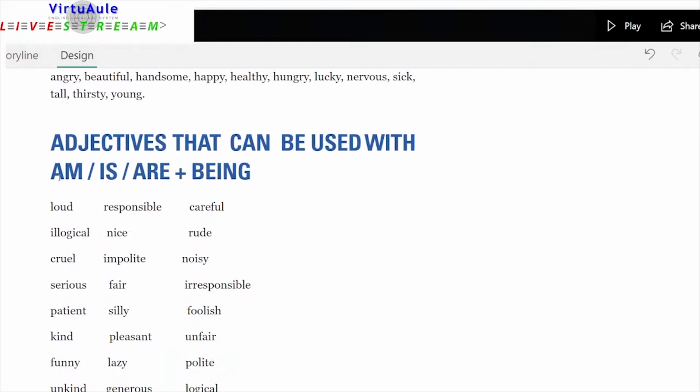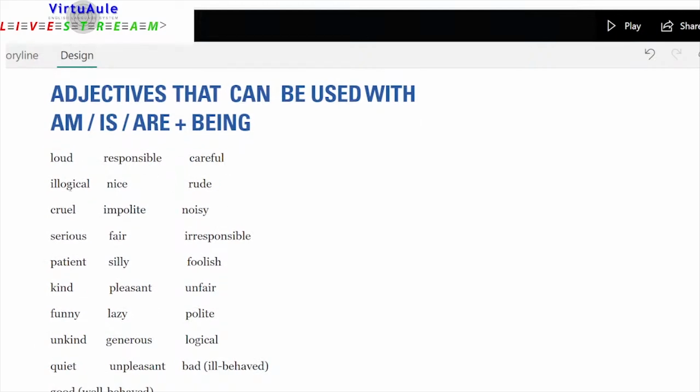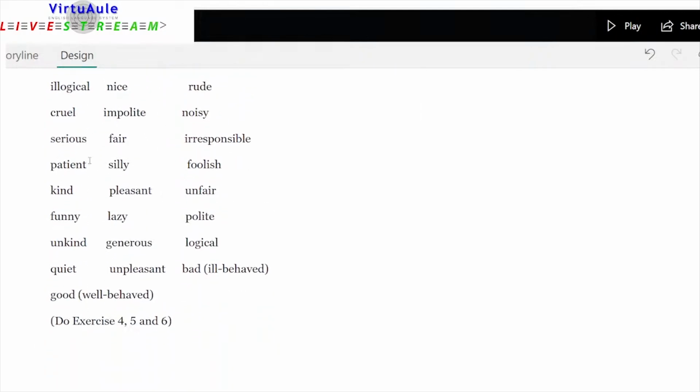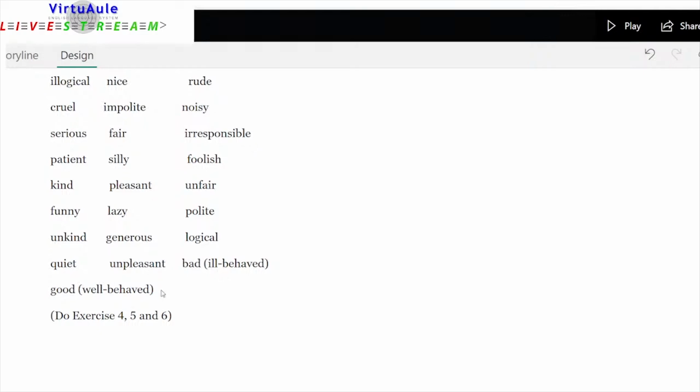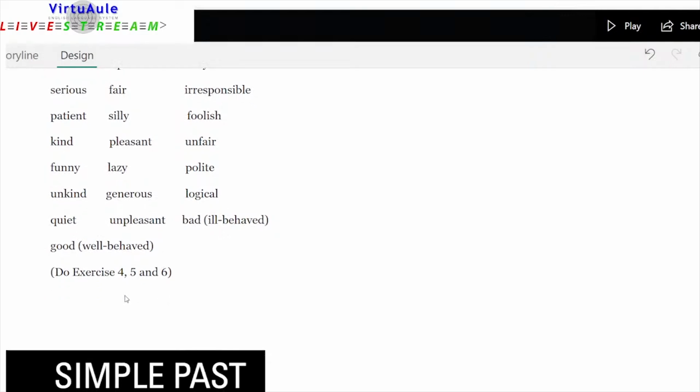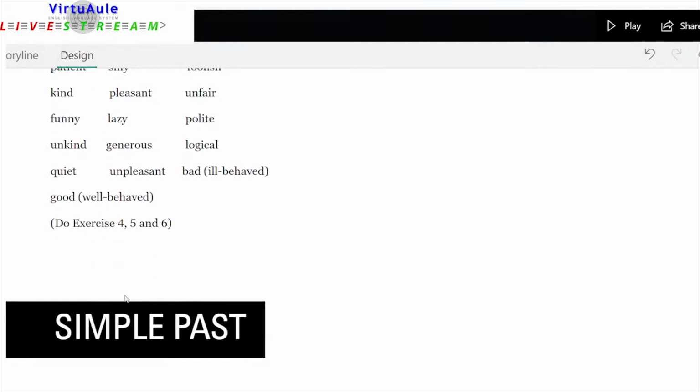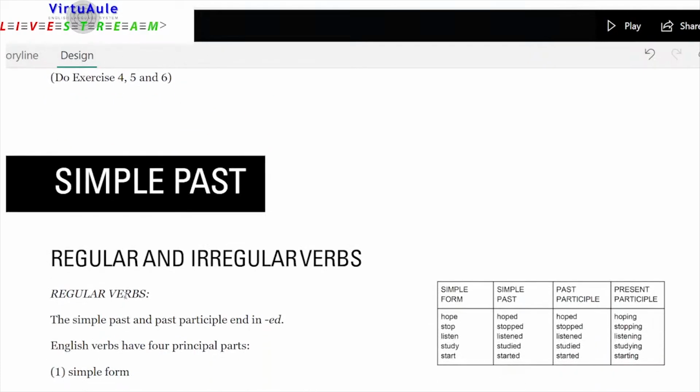Adjectives that can be used with am, is, are, plus being: loud, responsible, careful, illogical, nice, rude, cruel, impolite, noisy, serious, fair, irresponsible, patient, silly, foolish, kind, pleasant, unfair, funny, lazy, polite, unkind, generous, logical, quiet, unpleasant, bad or ill-behaved, good or well-behaved. Okay, those are just some ideas of words that you can use with the ing.